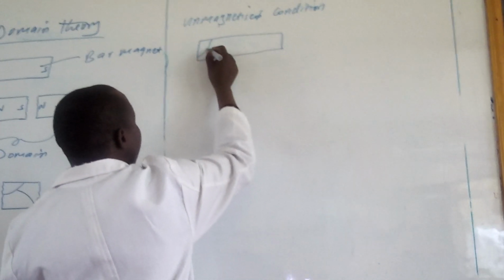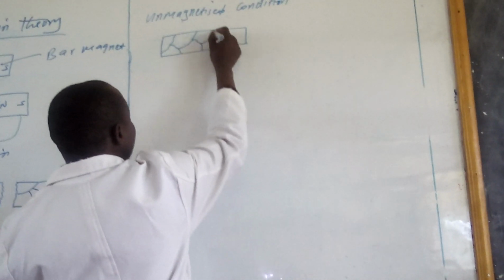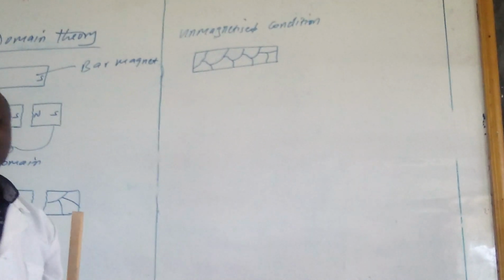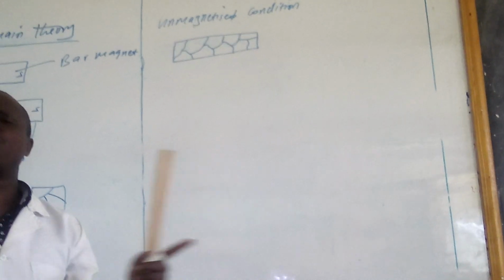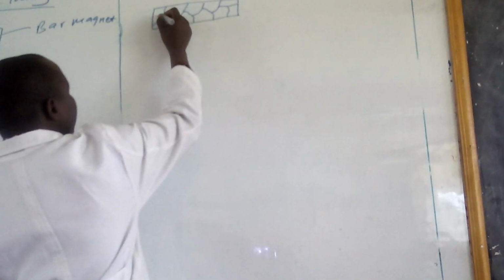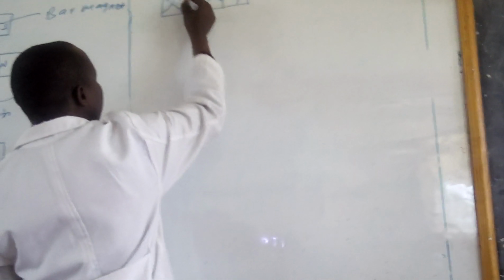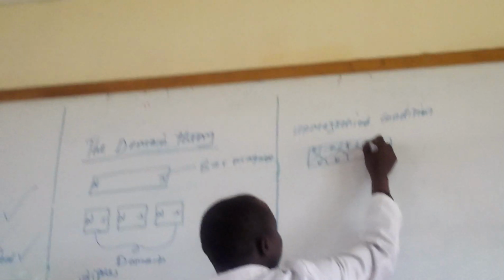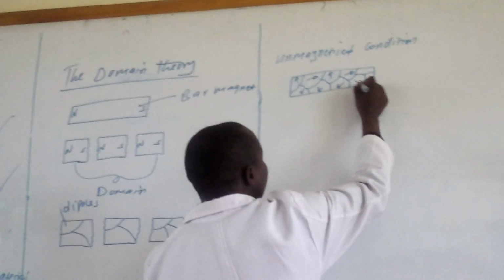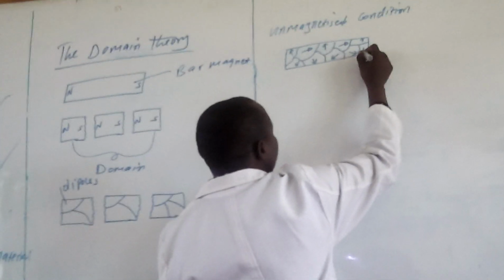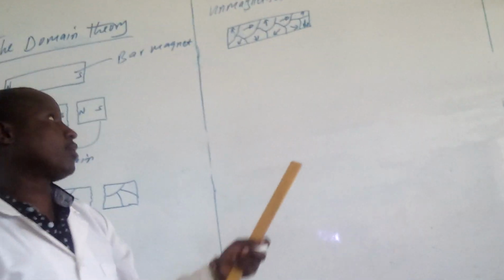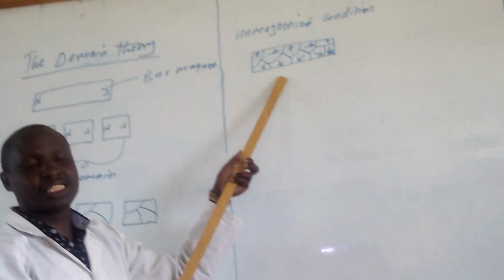Inside that one we have the dipoles. In the unmagnetized condition, the dipoles face in all directions. So we find the direction of the dipoles is facing in all directions. This is the unmagnetized condition.